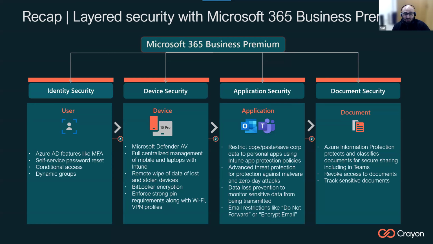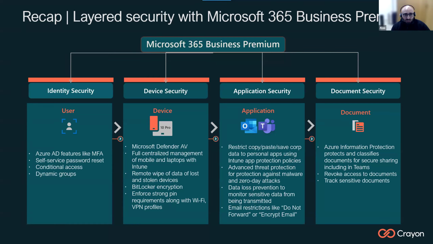Starting with the first pillar, which is identity security, you have Entra ID P1. This is included with Business Premium. That will have conditional access, advanced multi-factor authentication, dynamic groups, self-service password reset, etc., that you won't have in other Microsoft 365 plans.